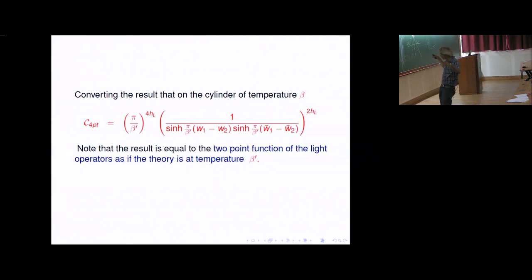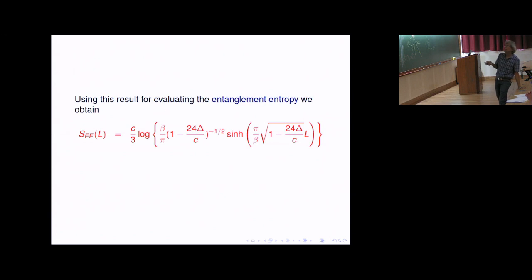So the presence of this operator basically shifts the temperature, when you probe it by light operators, to this beta prime. And you can use this result for evaluating entanglement entropy, and you see this dependence changes because of the presence of this operator.